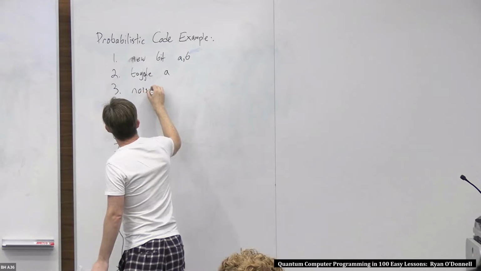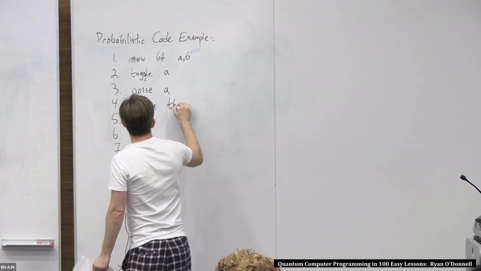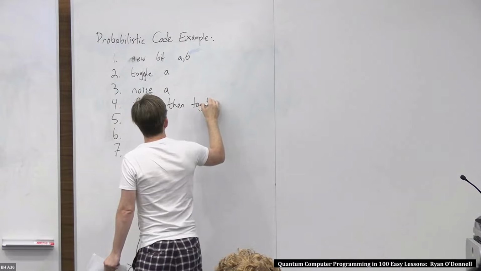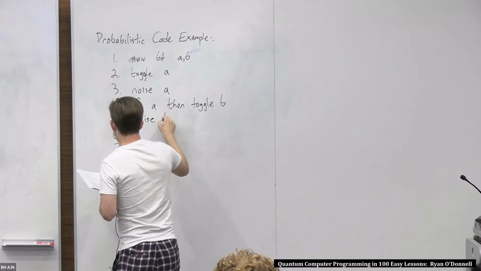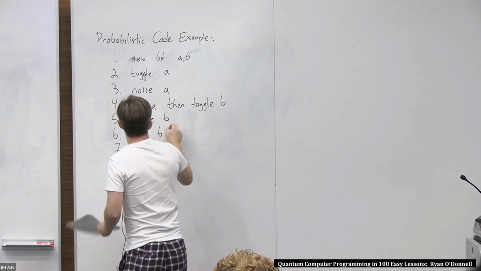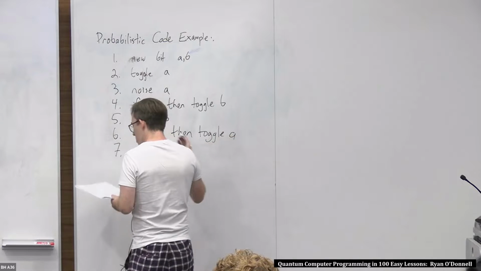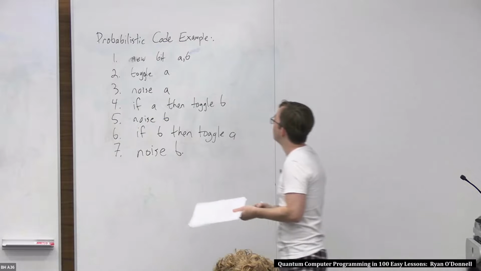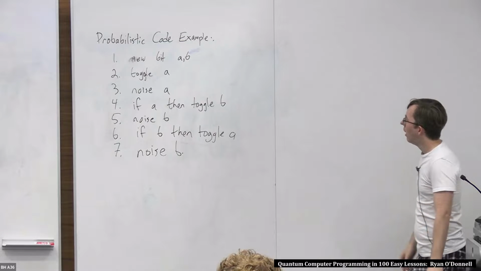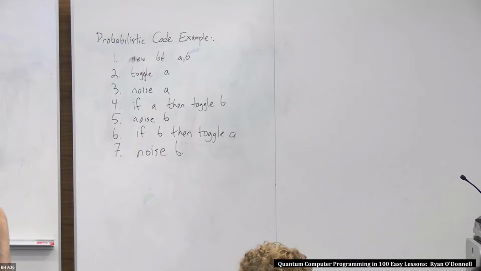Now I'm going to do noise on A. Now I'm going to do if A, then toggle B. I'm going to do noise on B. Then I'm going to do if B, then toggle A. Again, there's no real point here. I just made this up. Then noise on B.